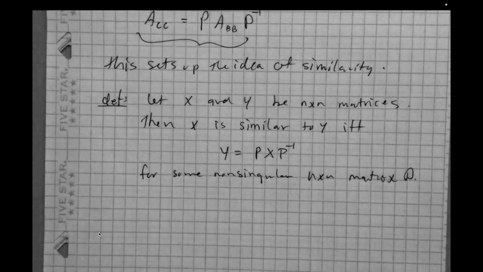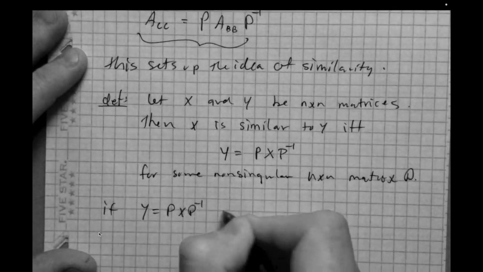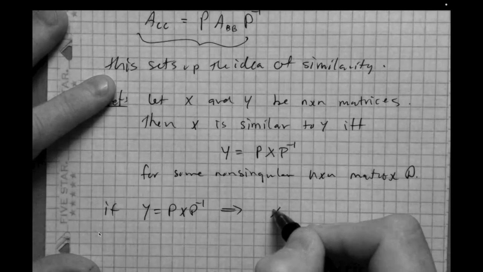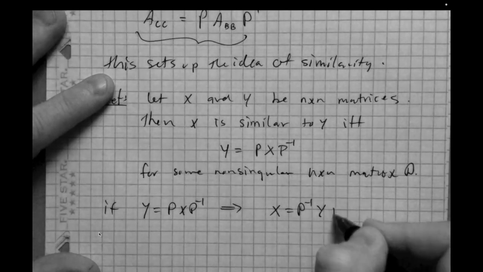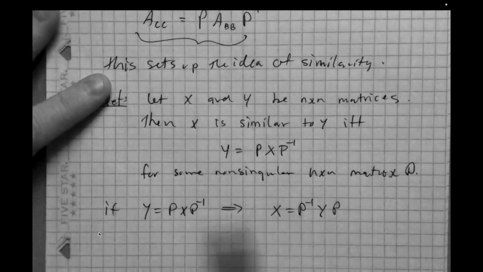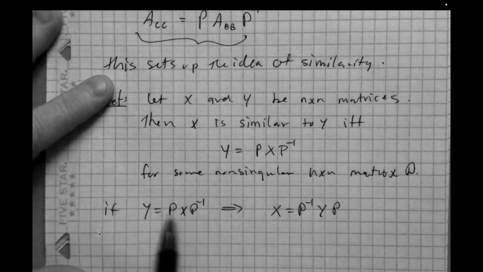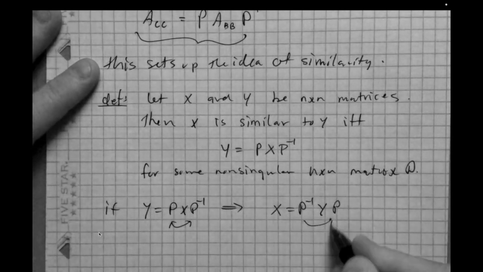Right, now notice that this is, well, maybe not obvious, but hopefully it's obvious, that this relationship is reciprocal, right? So if Y equals P X P inverse, then it's true that X should be equal to P inverse Y P. All that matters here is that P and P inverse are inverses of one another, which is true here as well.